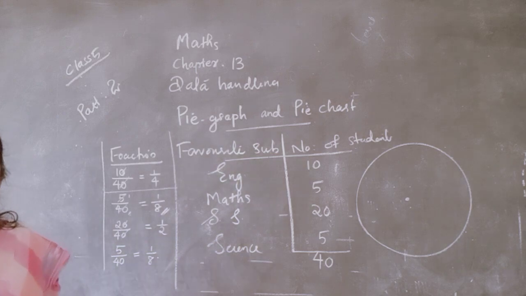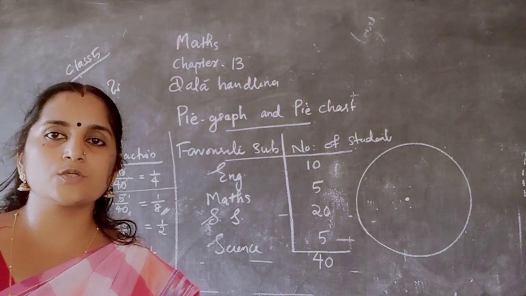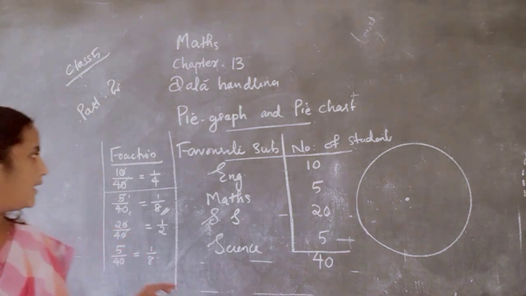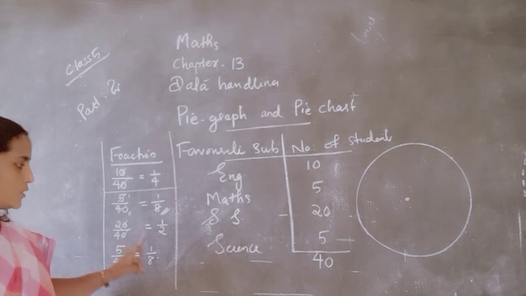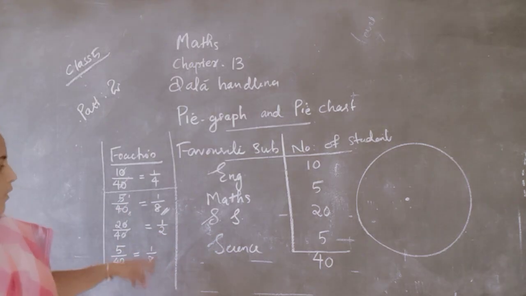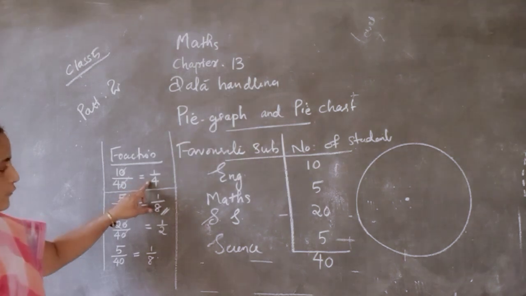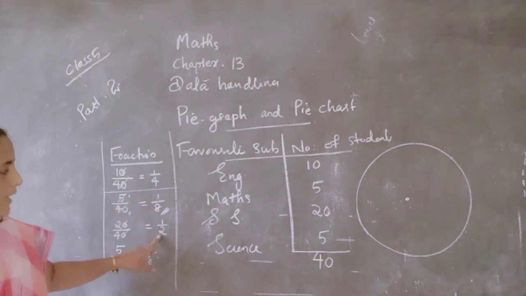Thus the fractions are 1 by 4, 1 by 8, 1 by 2 and 1 by 8. Clearly we know that half is the greatest one.